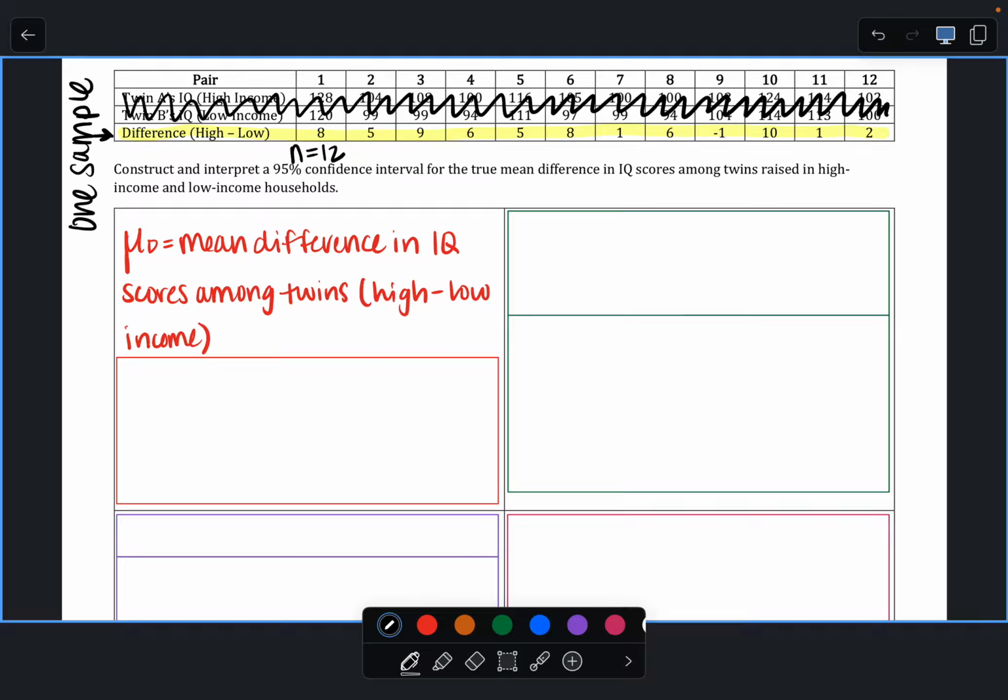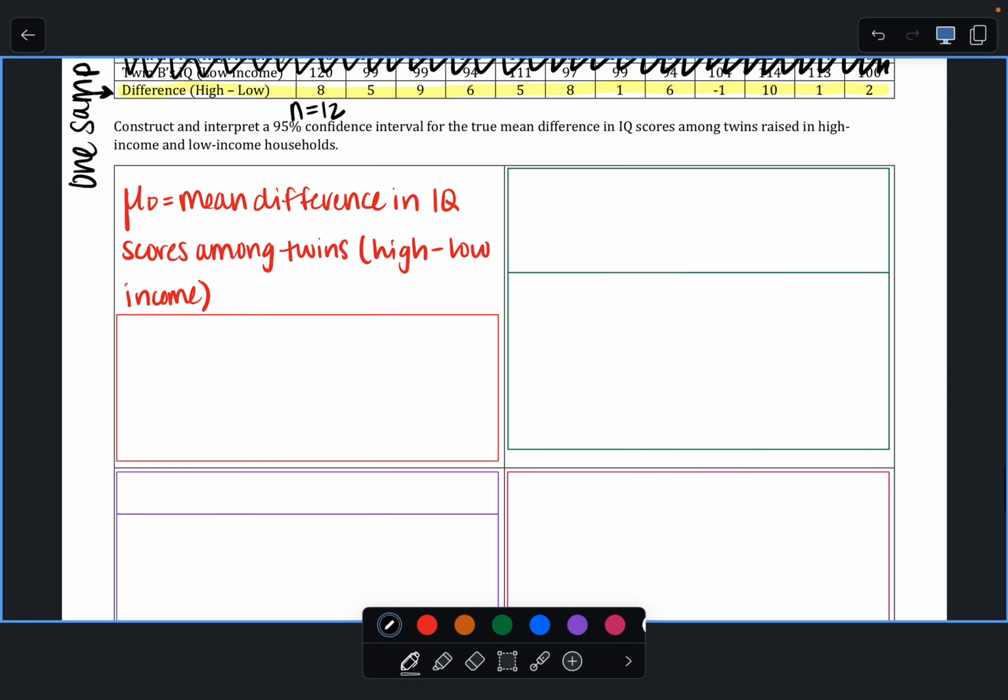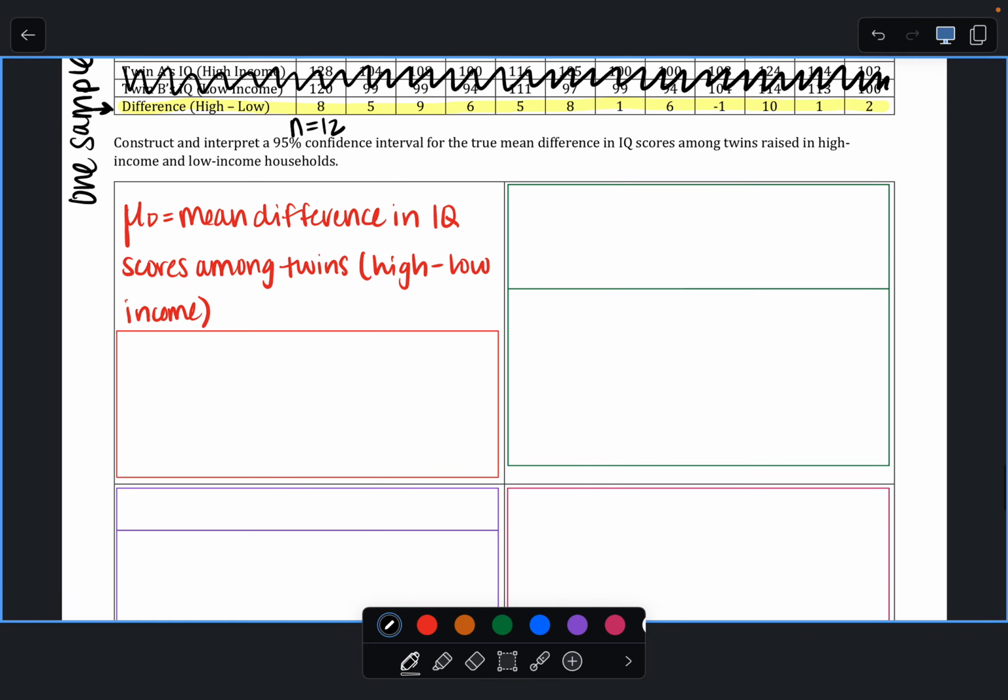But I only have 12 pieces of data, 12 calculated differences. So if I were doing t-star, make sure that your degrees of freedom is 11 and not 23. But I'm not even going to do that because I'm going to use the calculator, just to save some time.